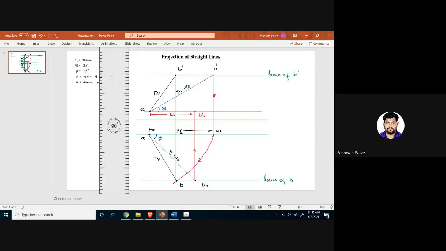Am I audible? Yes, sir. Now, what radius are we going to take? A dash B2 dash, right? Take A dash B2 dash in the compass, selecting point A dash as the center, and if I rotate it, it is going to meet at exactly the same point. So this is an alternate method.